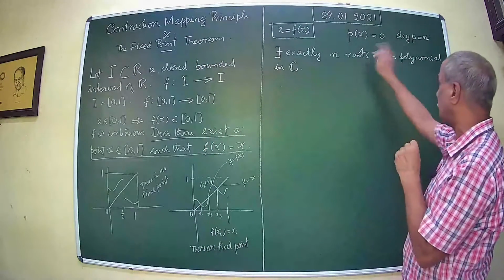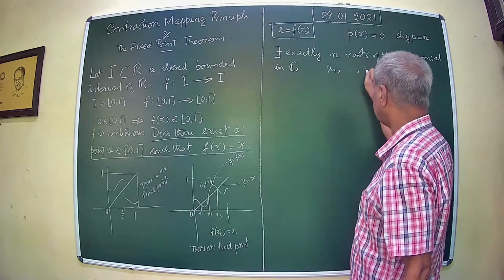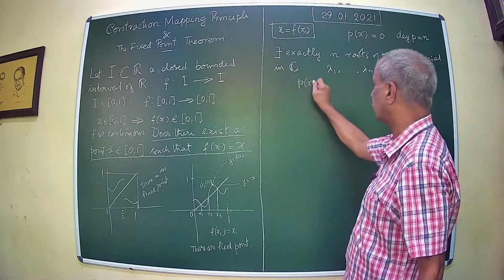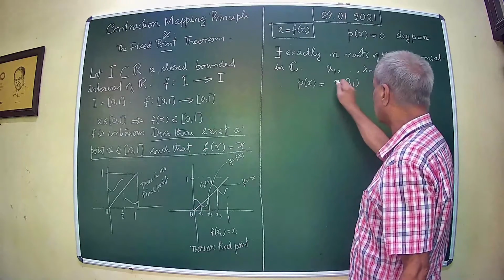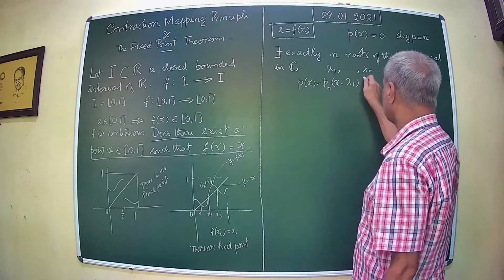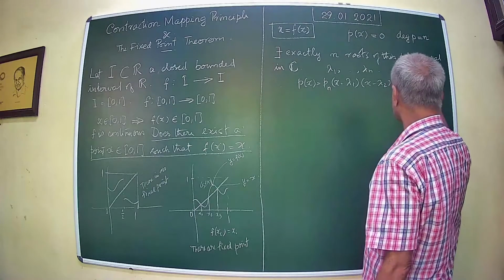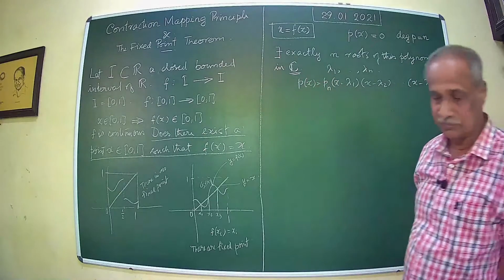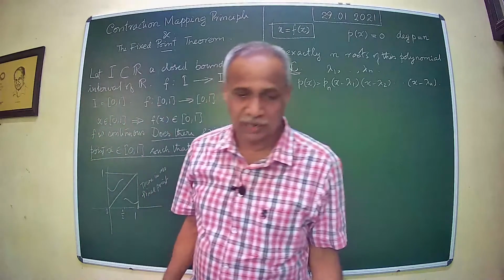So once the roots are known, suppose some of them may be repeated roots, lambda 1 to lambda n are the roots, then you have got P(x) written as a product of factors in C. But if you ask the same question in R, it is not possible to make this statement.